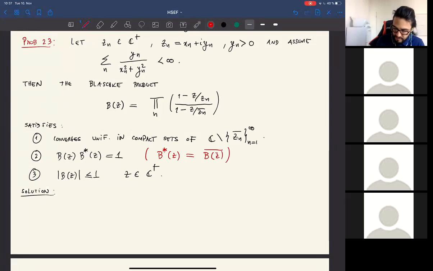Okay, so you just take bar in the variable and then you take bar of the function. That will give you another analytic function because you're doing a double bar. If you think in terms of power series, if you expand this function as a power series at the origin, the only thing you're doing is taking the conjugate of the coefficients in the Taylor expansion.